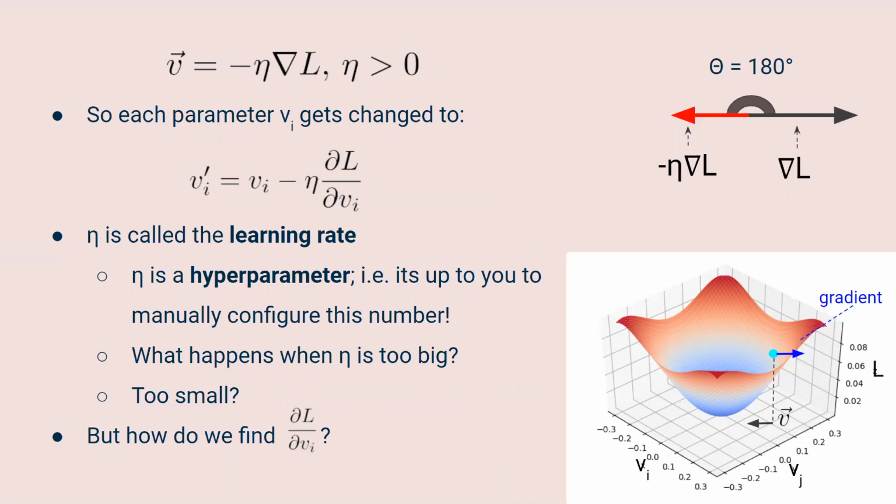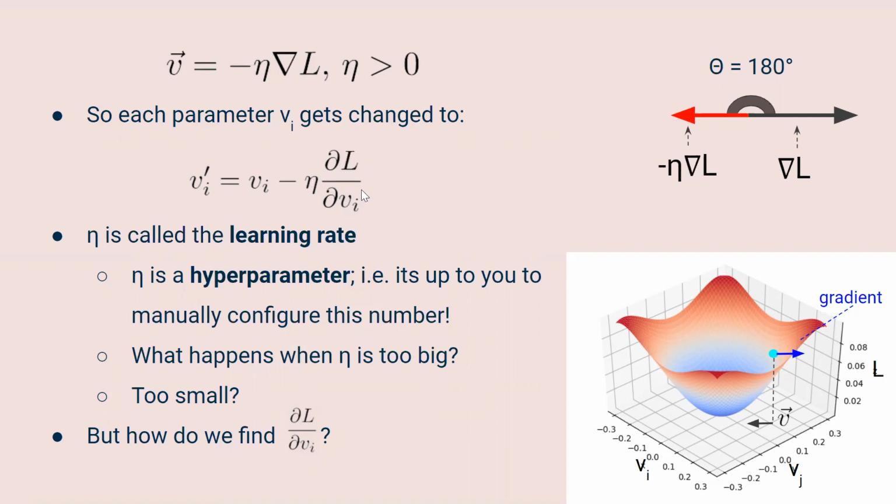Okay, that's great. We found what our V should be, or we've explained that it should be the negative gradient, so there's some scale of that. From earlier we had this equation where we said our new parameter is just our old one plus a small nudge. We found our small nudge.